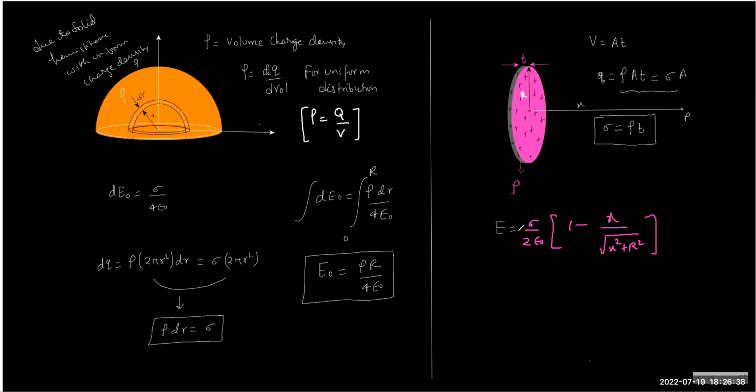Now, in this formula, what does x represent? Because we need to discuss what x is. Distance from the center. Yes, x is the distance from the center of the surface actually, not the center of the thickness. That's very interesting, that we never go inside. We only remain at the surface. So let me mention this explicitly.